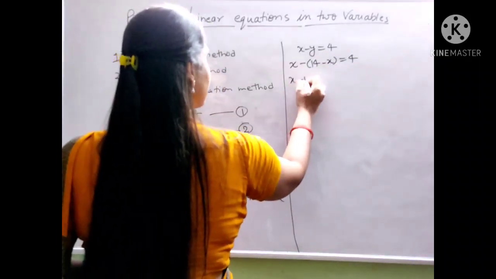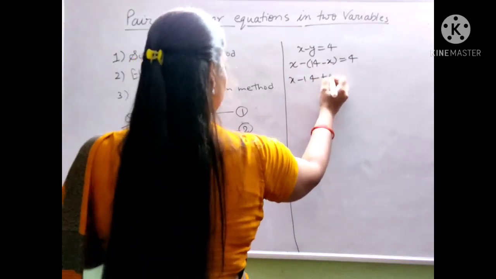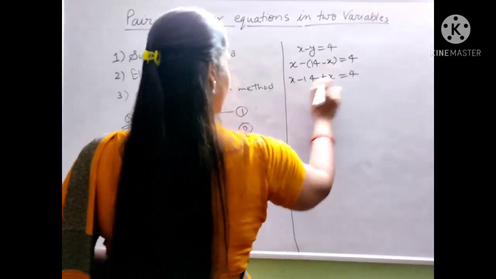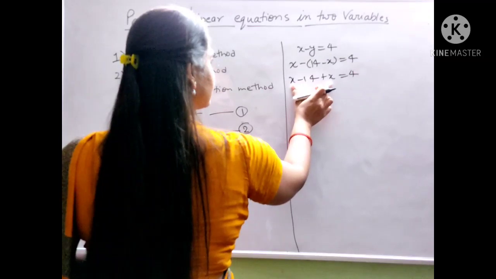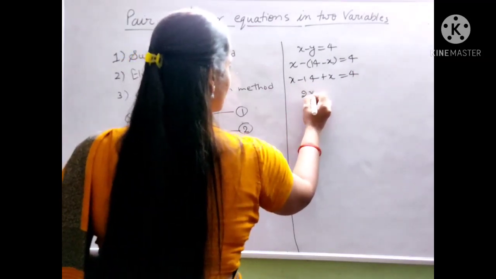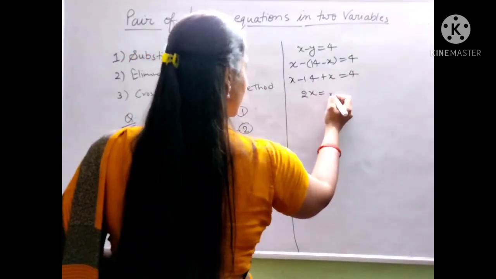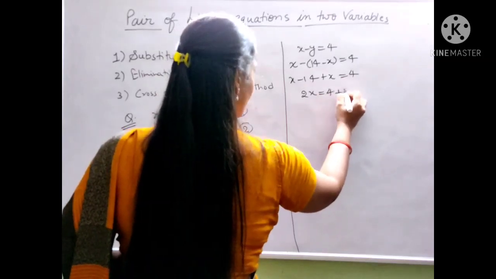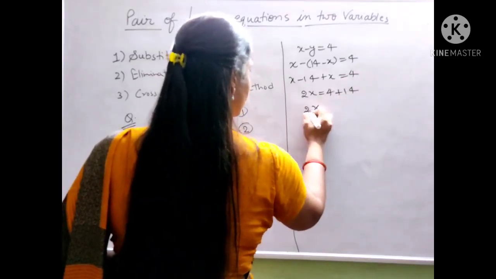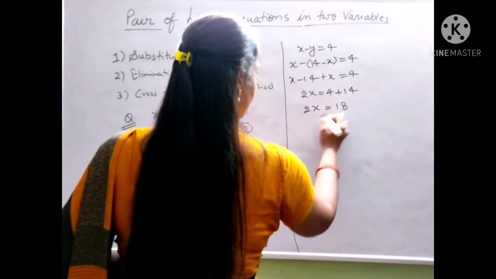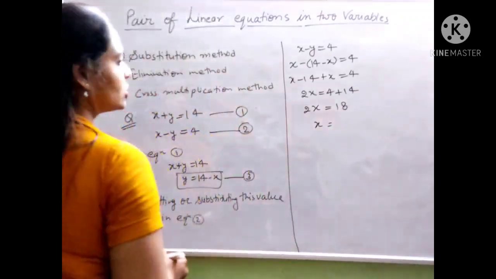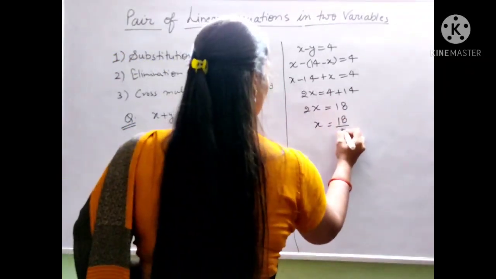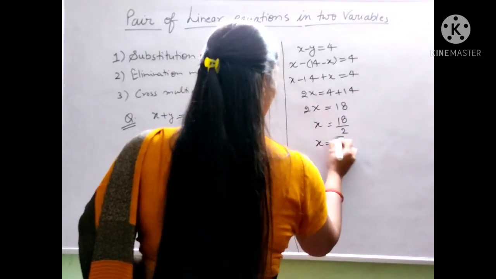Now open the bracket, x minus 14 minus minus plus, and these are the two like terms, so it will become 2x. 14 will take on the right hand side, we get plus 14, and 2x is equal to 18 and x is equal to 18 upon 2 and x is equal to 9.